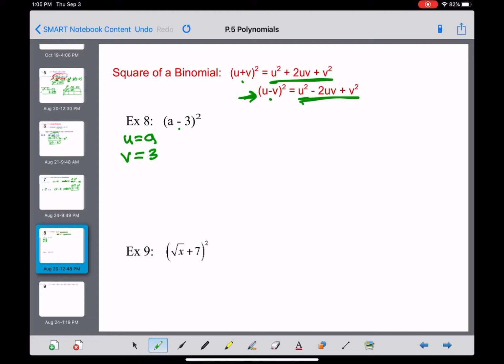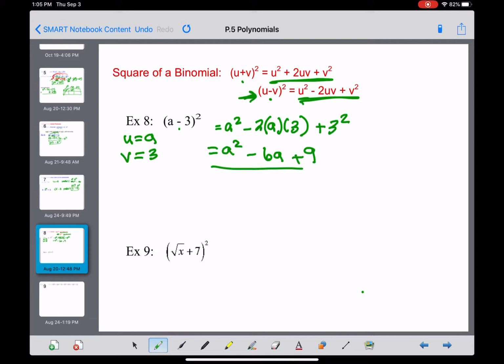So this would be u squared, so a squared, minus 2 times uv, so a times 3, plus 3 squared. So a squared minus 6a plus 9. That's what you're going to get when you multiply it out. This gets faster the more you practice.